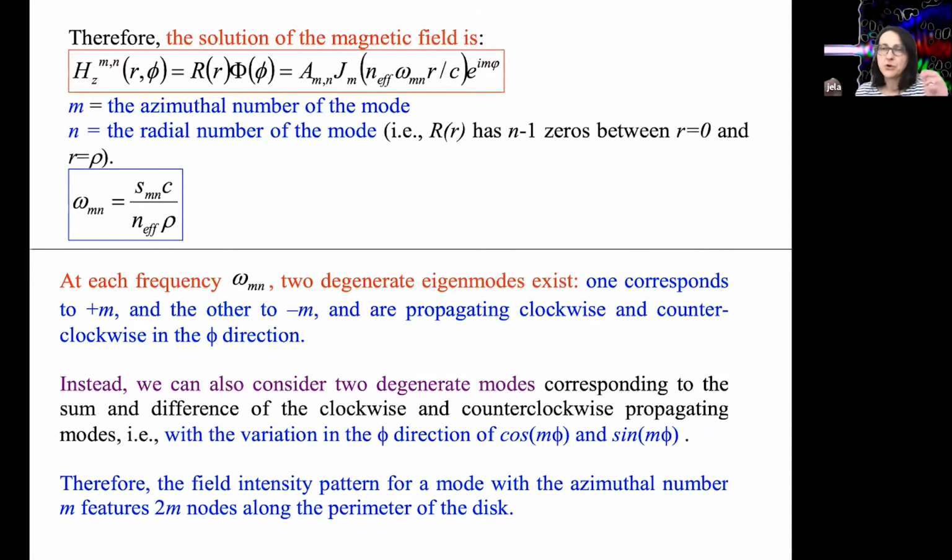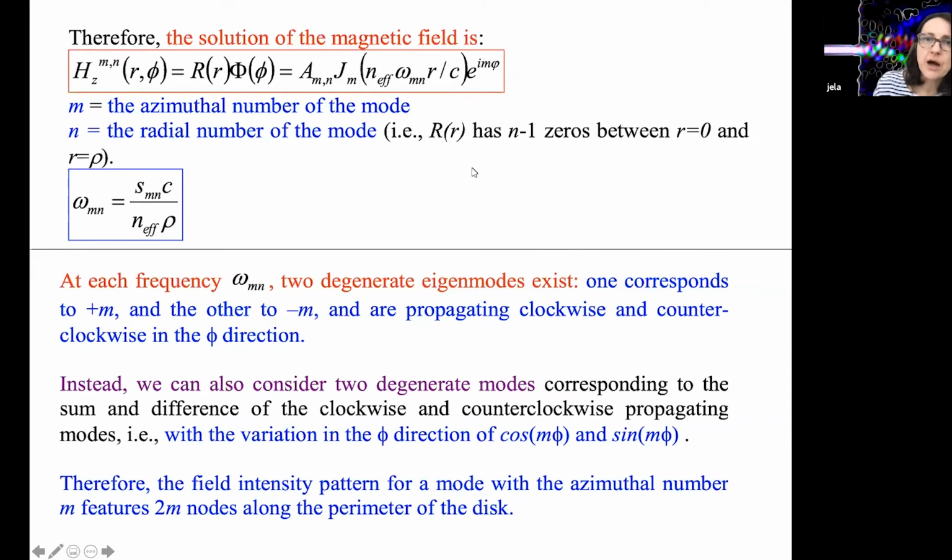If you have your quantum emitter atom at a specific location, and you're just interested in the interaction of an isolated disk with that quantum emitter, then you will pick the standing wave basis, right? And one of these modes, maybe both of them, or maybe just one of them, would be coupled to that particular mode.